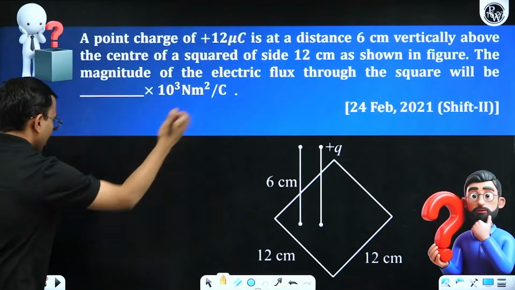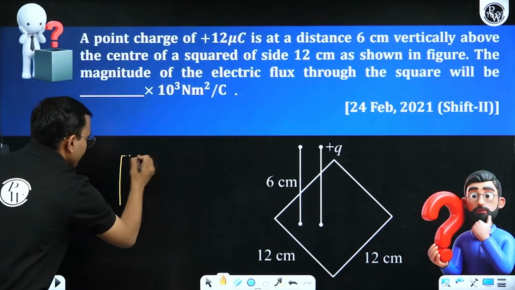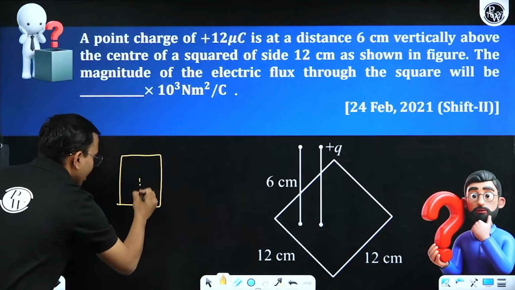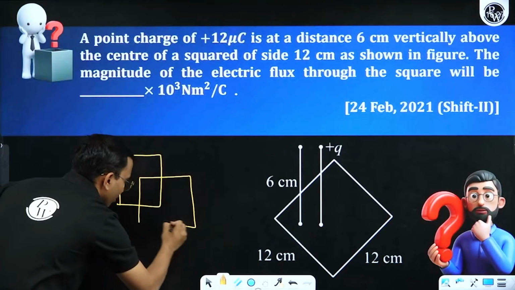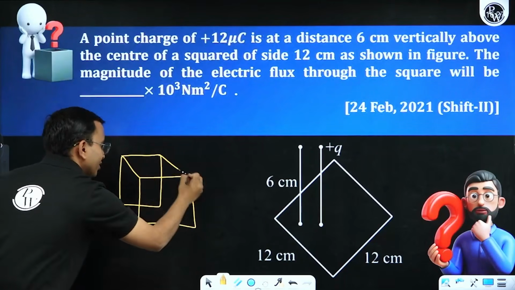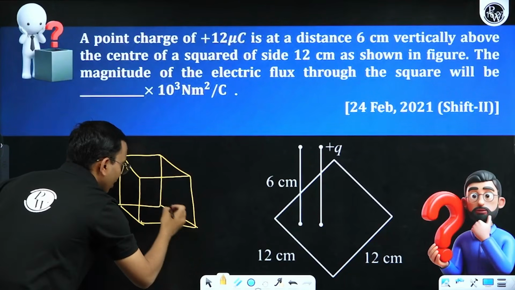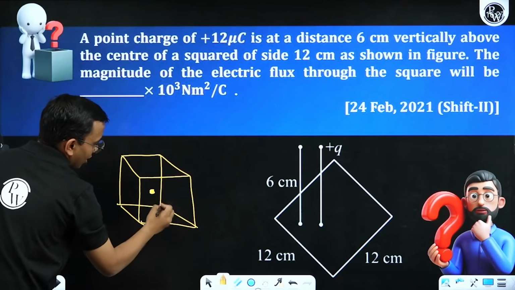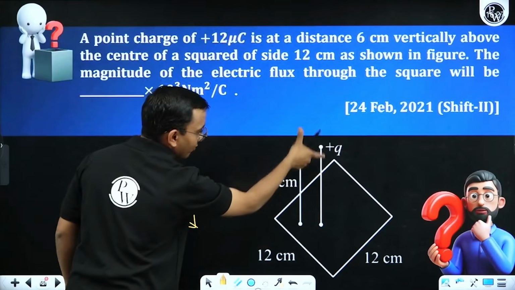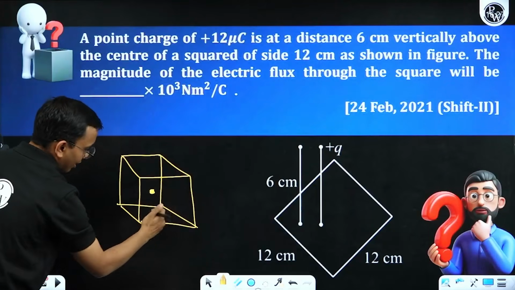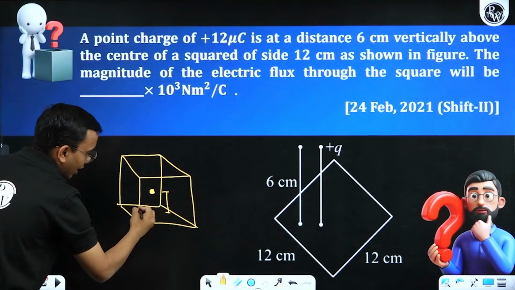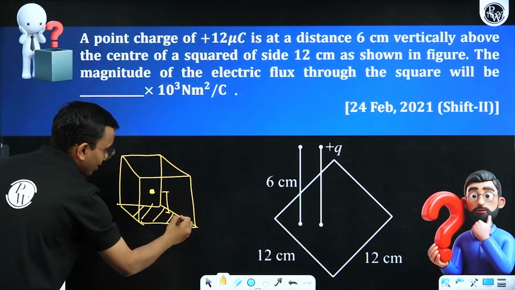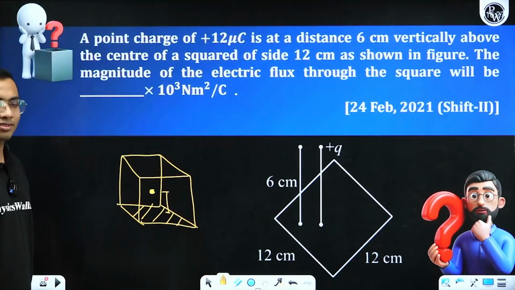Now, I will help you. It is somewhat like a cube is there and the charge is placed at its center. At center means half the side of this square, because this is half of this. And you are asked what is the flux through this lower surface.